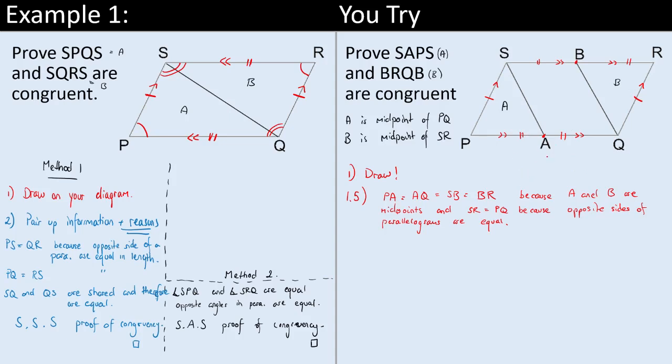What else do we know? We know that opposite angles in our parallelogram are going to be equal. So that angle SPA should equal this angle BRQ. Now, do we have any easy explanations with this?